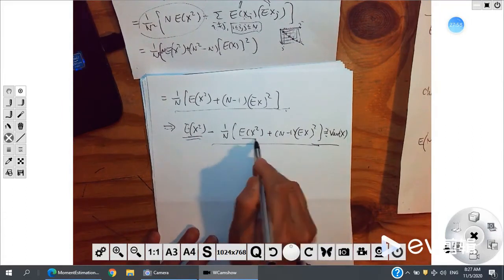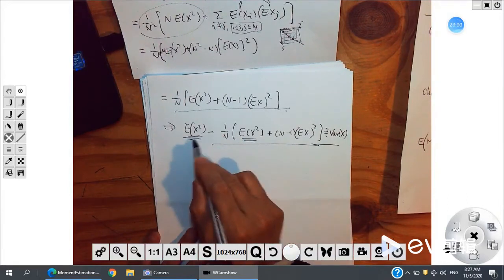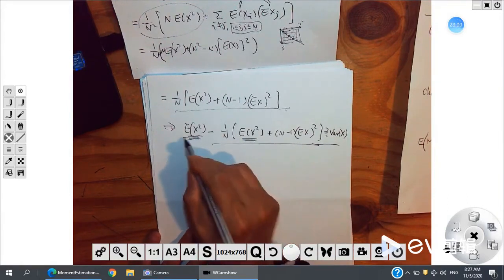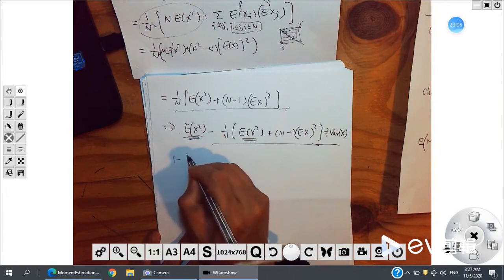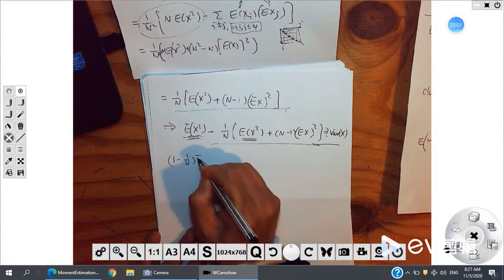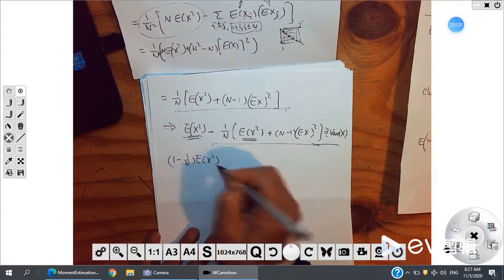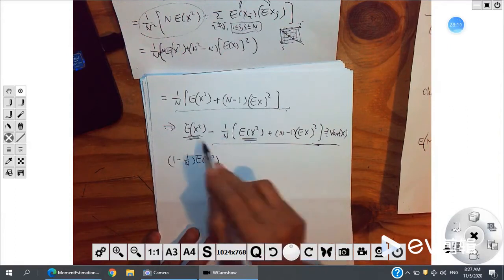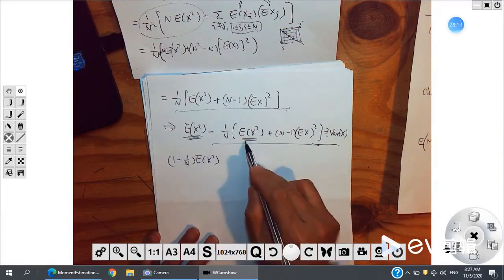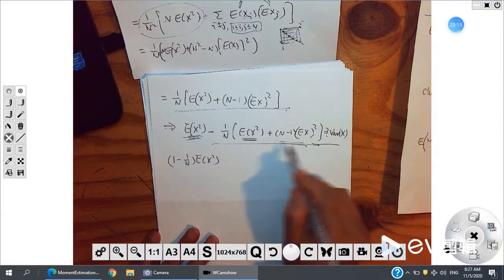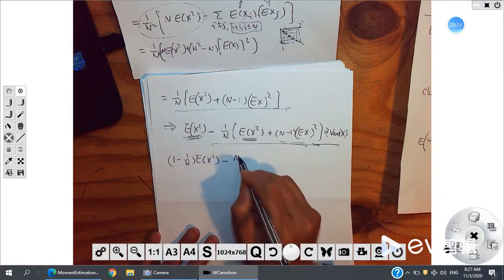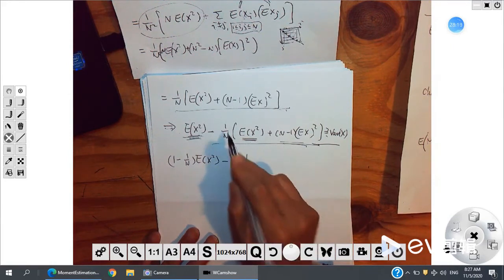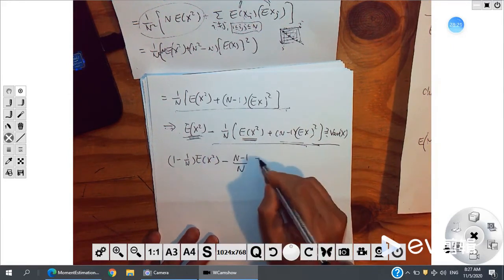They are the same term, E of x squared. I put it together with coefficient 1 minus 1 over n times E of x squared. And then this term gives minus n minus 1 over n times E of x squared.